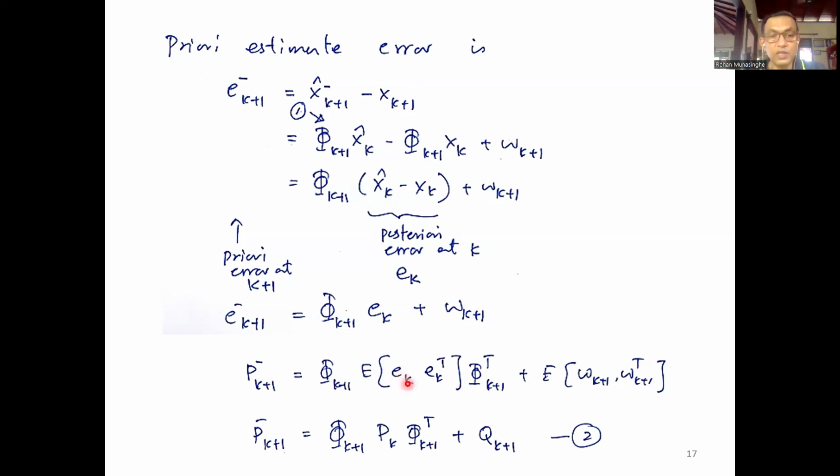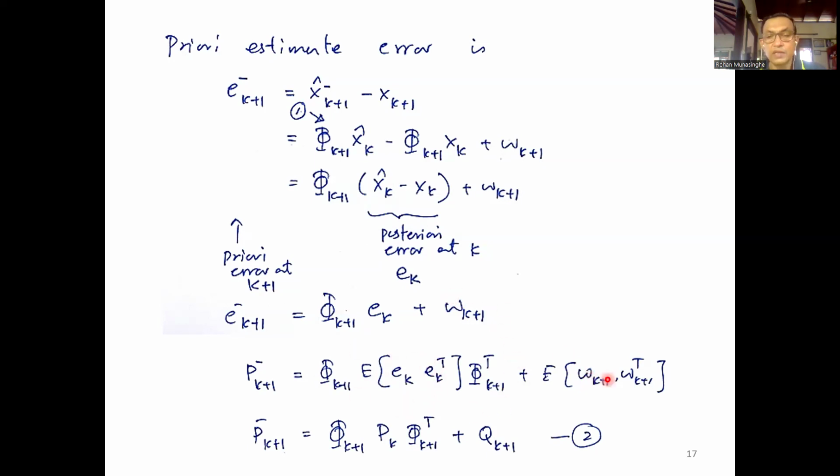So we write down ek transpose, the row vector, and the column vector. You multiply element-wise, get the error squares, add them together, and divide by the number of elements. So that is the expected value of error squares.